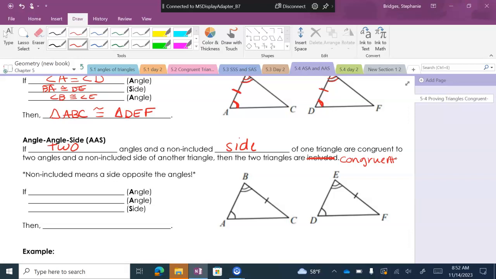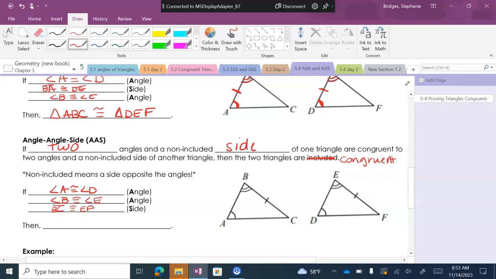And then going for the angles again, you said angle A and angle D. And then give me another pair of angles that are marked congruent. And then what pair of sides are marked congruent? BC and EF.